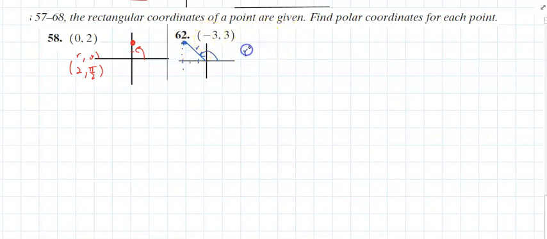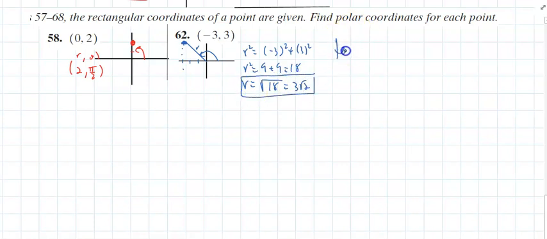Well, let's see. R squared equals negative 3 squared plus 3 squared. R squared equals 9 plus 9, which is 18. R will equal the square root of 18, or 3 radical 2. You don't need to simplify. And tan of theta will equal 1, you would ignore the negative.